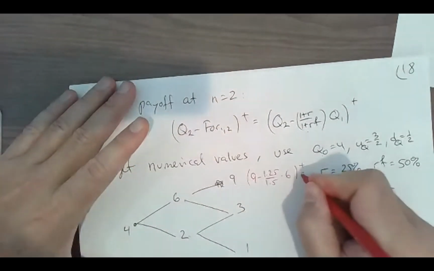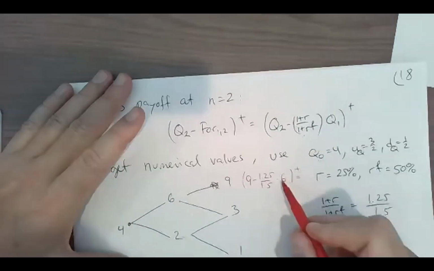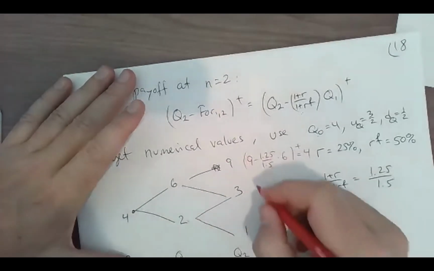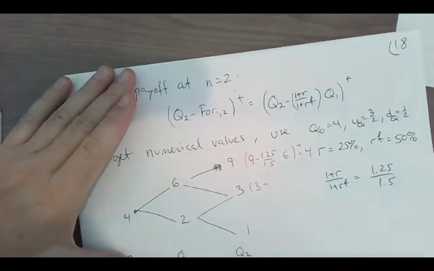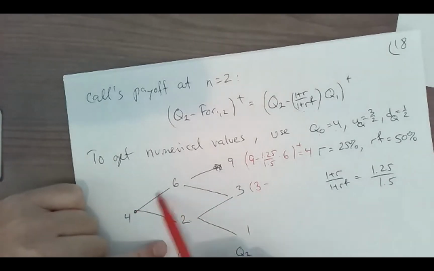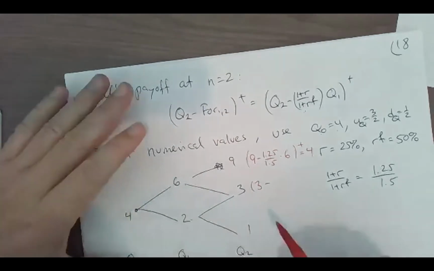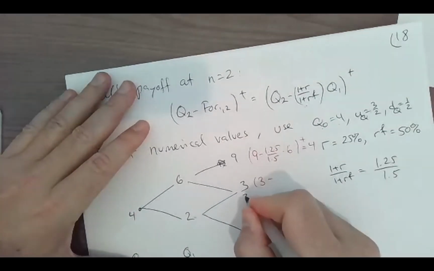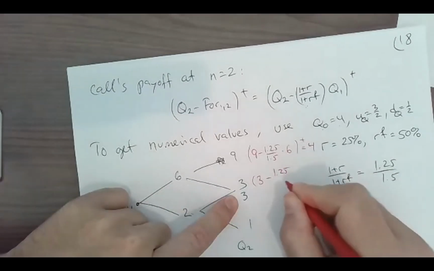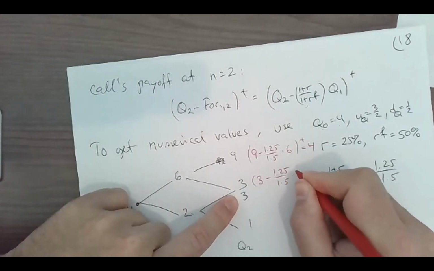Yeah, I get that this here is equal to 4. W2 is going to be 3 minus... so there'll be 2 values now because it depends on whether you go up or you go down. So just split this into 2. It'll be 3 minus 1.25 divided by 1.5 times 6.